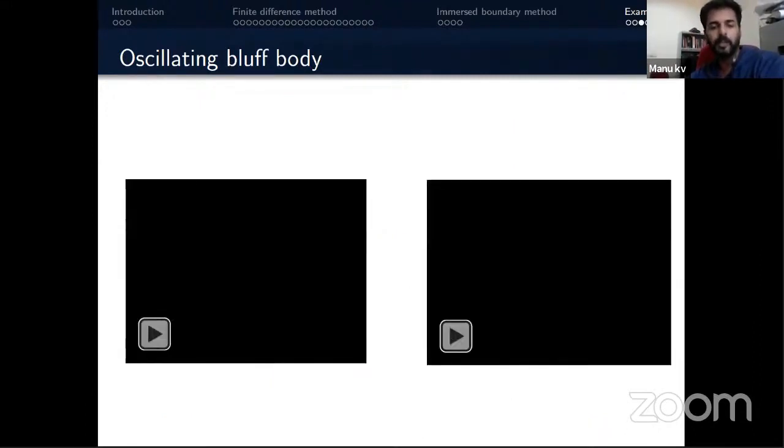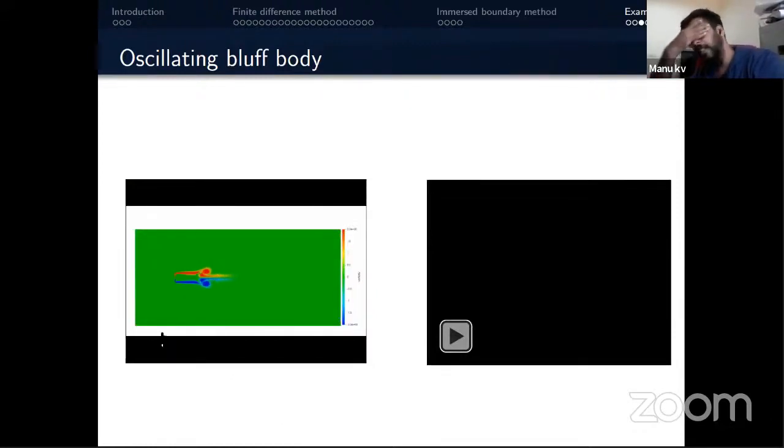Okay, let me show the solution first. So you can see here we can easily control the motion of the body, unlike some of the schemes. It's extremely simple to apply a moving object and complex geometry as well. So you can see in this simulation, the body is moving in the x direction, and it's moving like sin omega t.